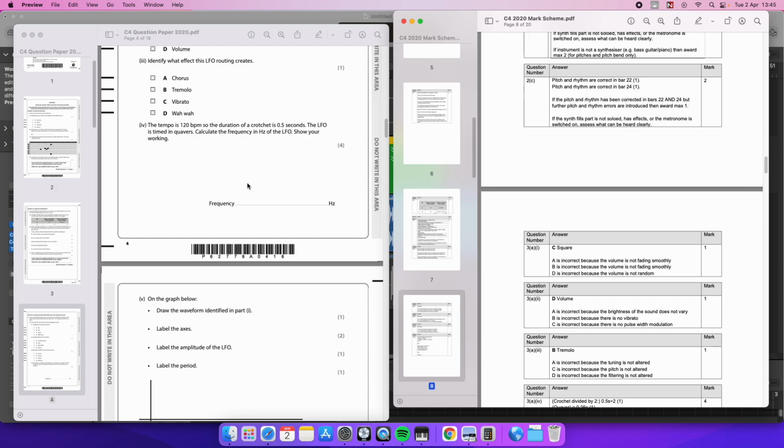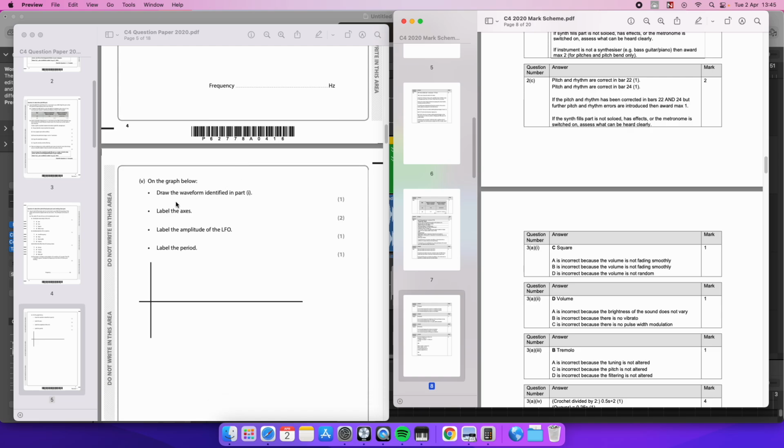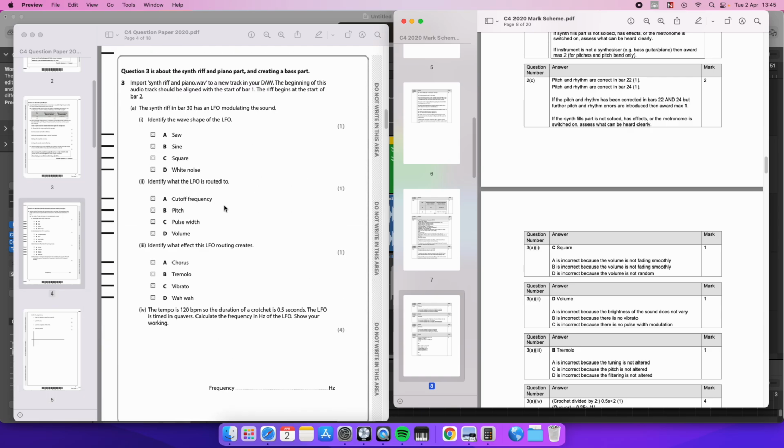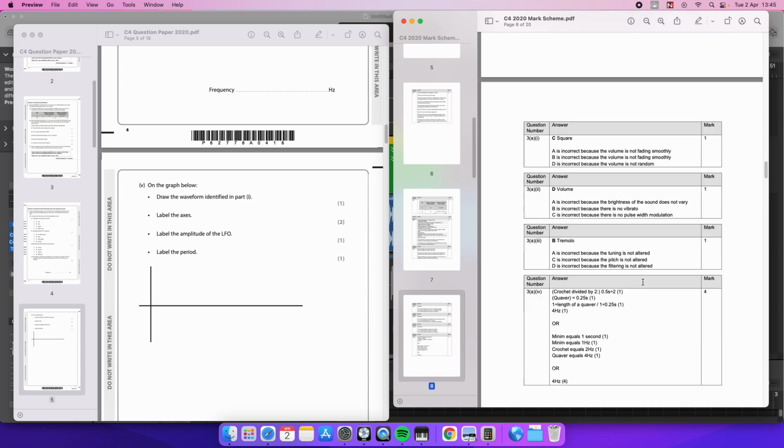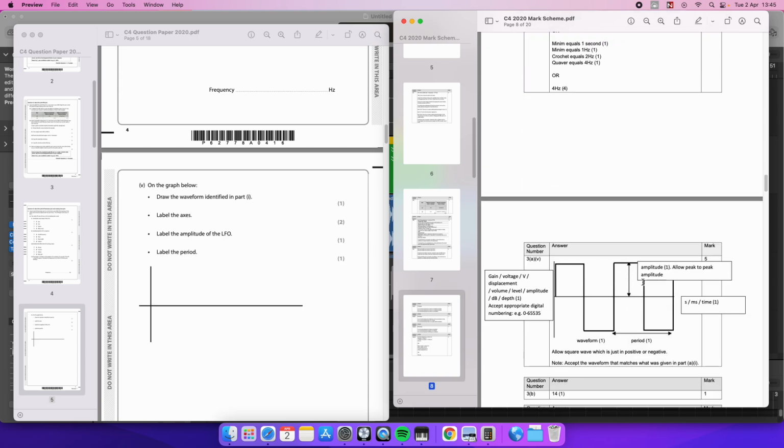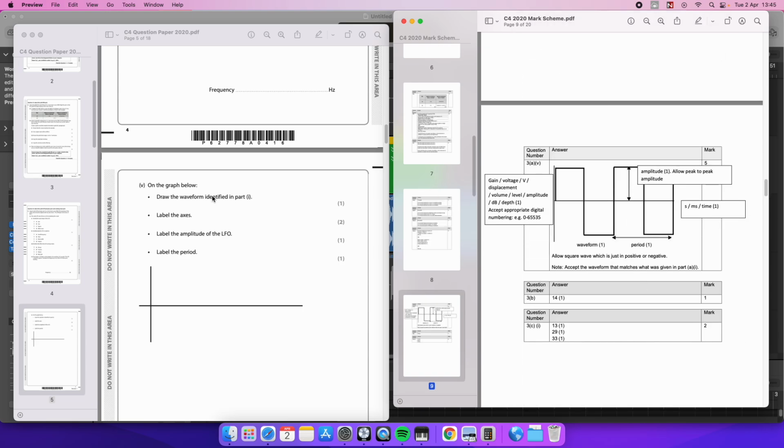So we'll come back. On the graph below, draw the waveform identified in part 1, so square wave. Label the axes, label the amplitude of the LFO, label the period of the waveform. I assume it means the period of the wave. So let's take a look down here at the graph and explain it. There's our square wave, our positive and our negative values.